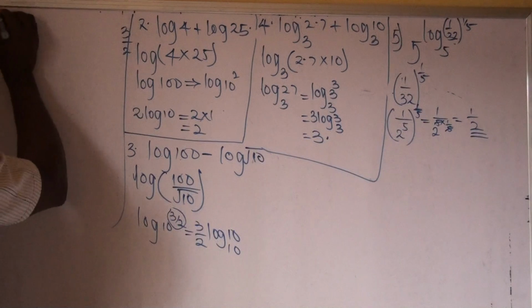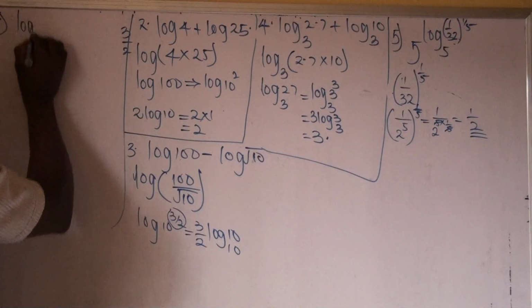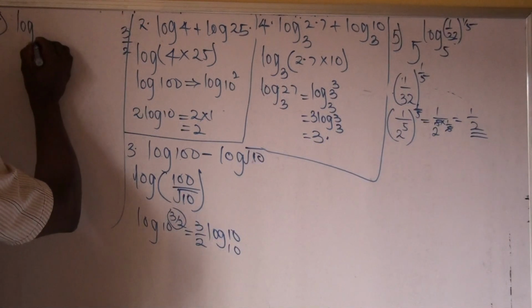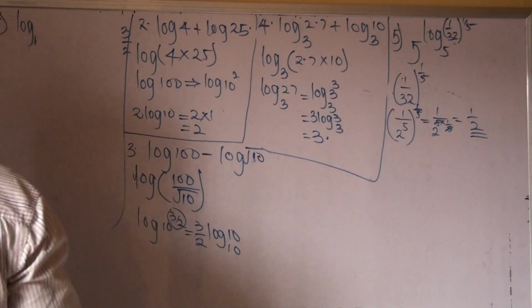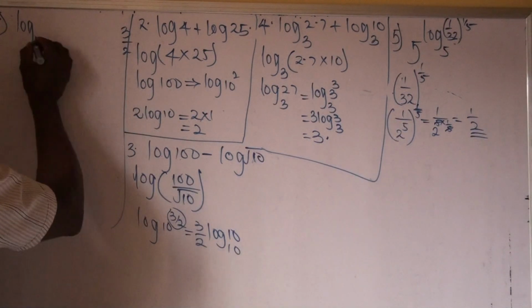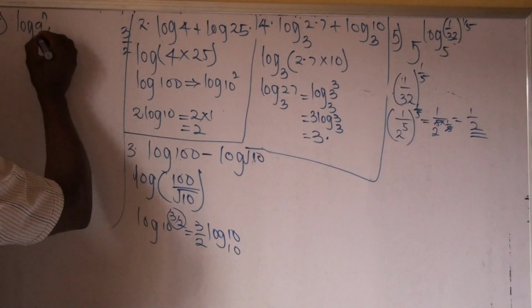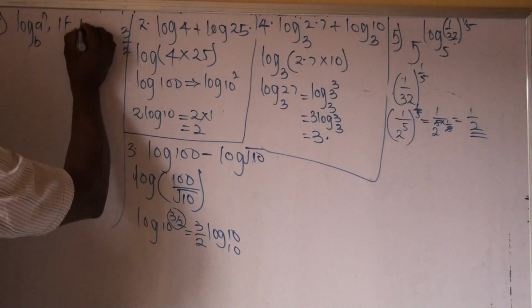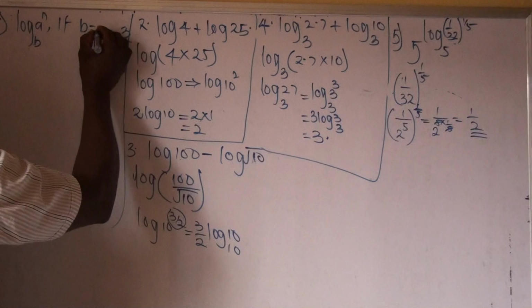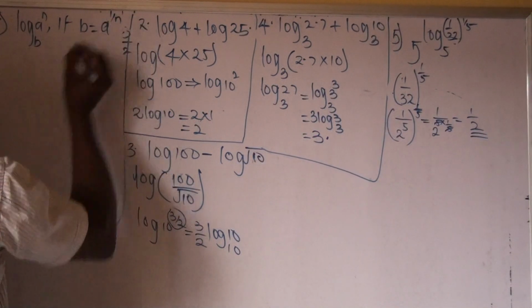Question 6. They say evaluate log to base b of a raised to power n, if b is equal to a raised to power 1 over n.